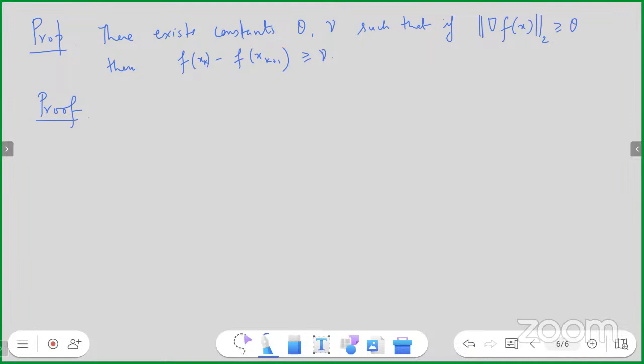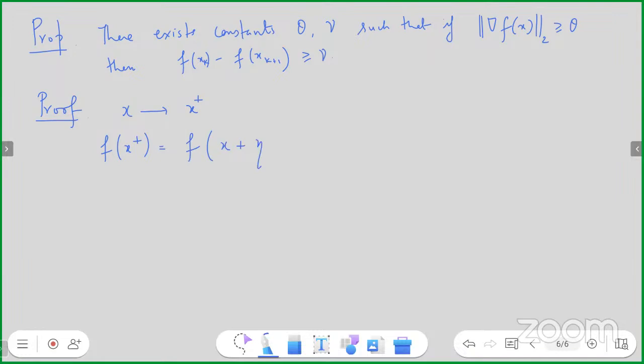So for notational simplicity, I will take the iteration to be x going to x plus. Just easier that. So this is xk and this is xk plus 1, the next iteration. So what is f of x plus? It is f of x plus eta, my step size and how much I'm moving.